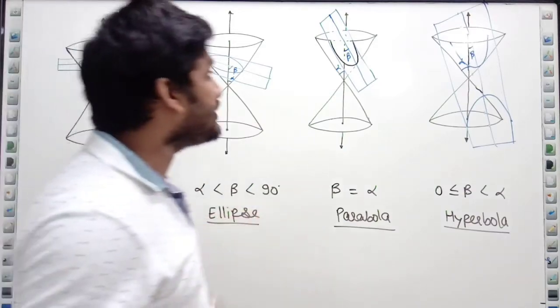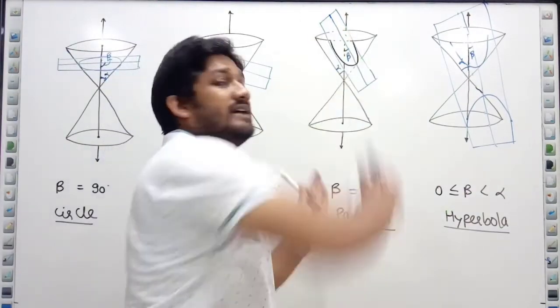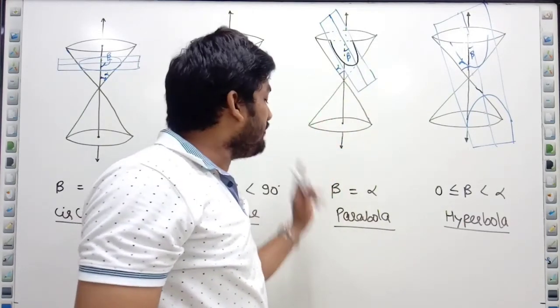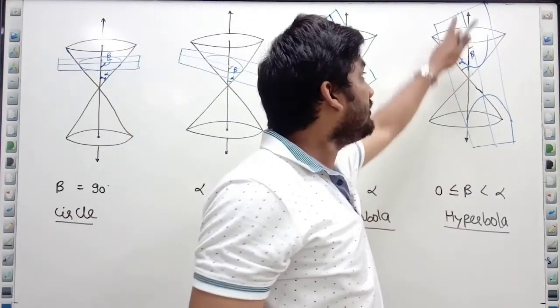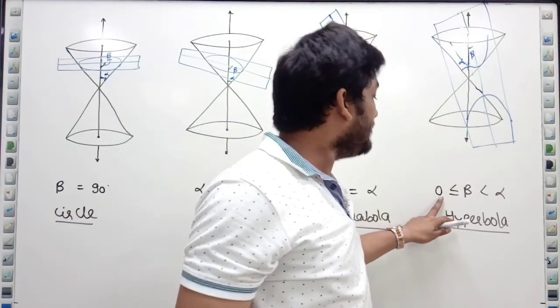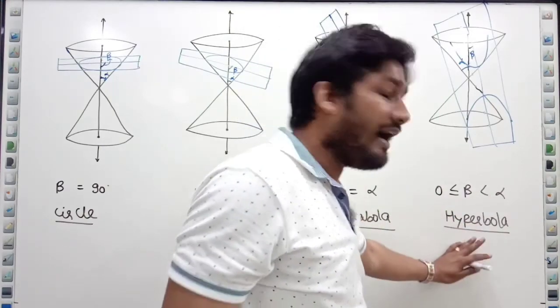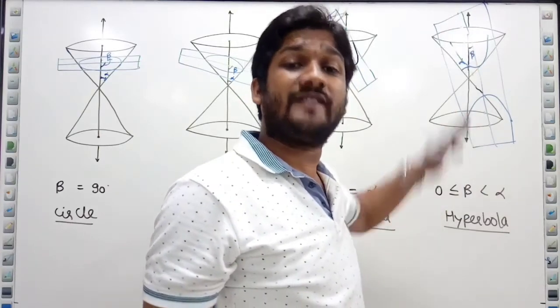Then a parabolic shape if beta and alpha are equal, मतलब इस टाइप से कट किया है कि जो अल्फा एंगल तो फिक्स है, then beta is equal to alpha, we will get a parabola. And when beta is greater than or equal to 0 and less than alpha, we will get a hyperbola. It will intersect both the naps, upper side as well as lower side.